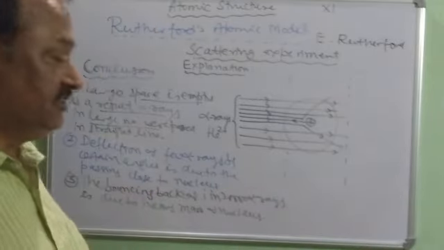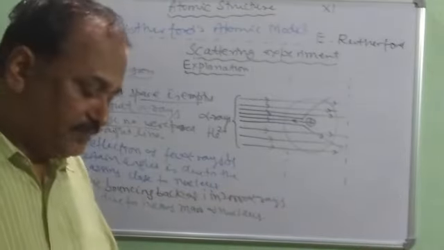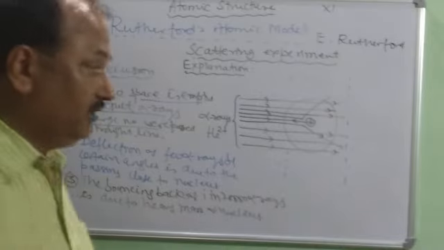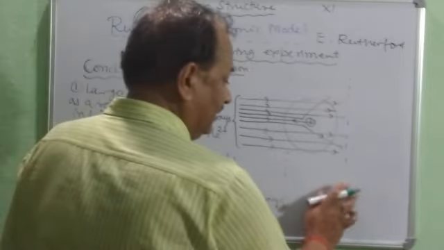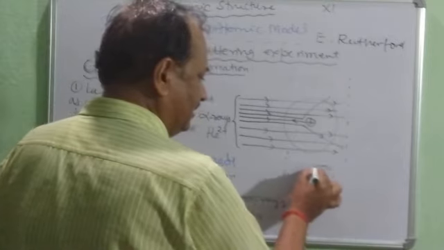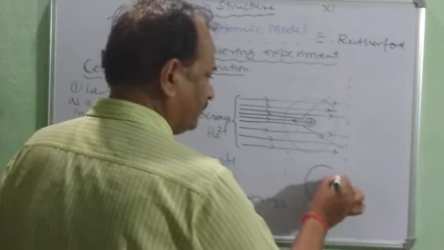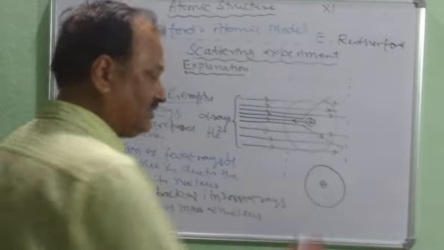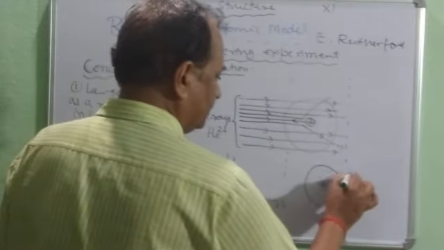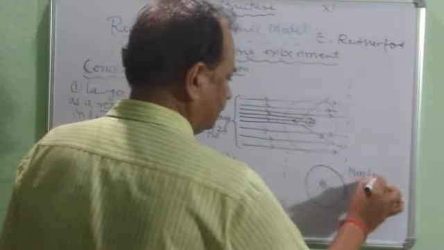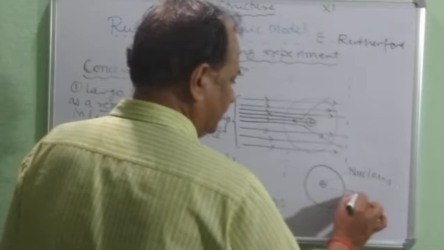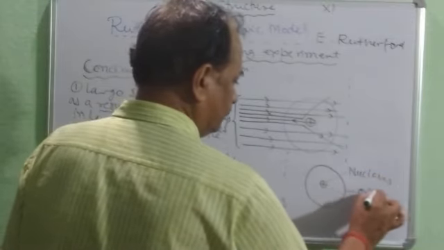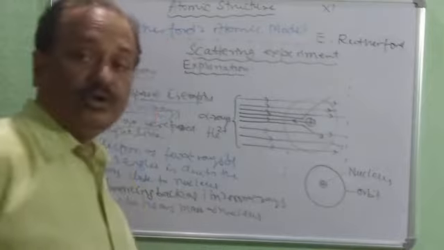So on this basis, Rutherford proposed the atomic model, the nuclear model. See here, like this. This is the nucleus, and these are the orbits.